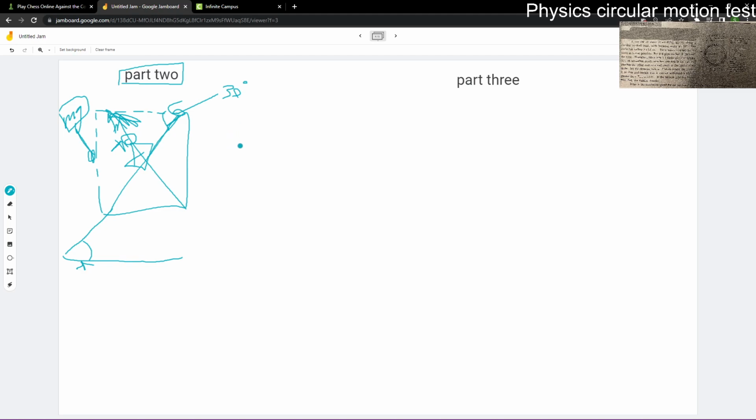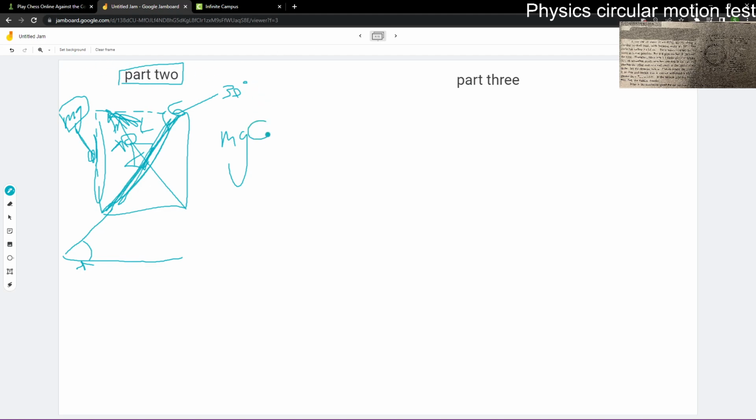Since this is the opposite side and we're trying to find the hypotenuse, we'd first get mg times sine or cosine.